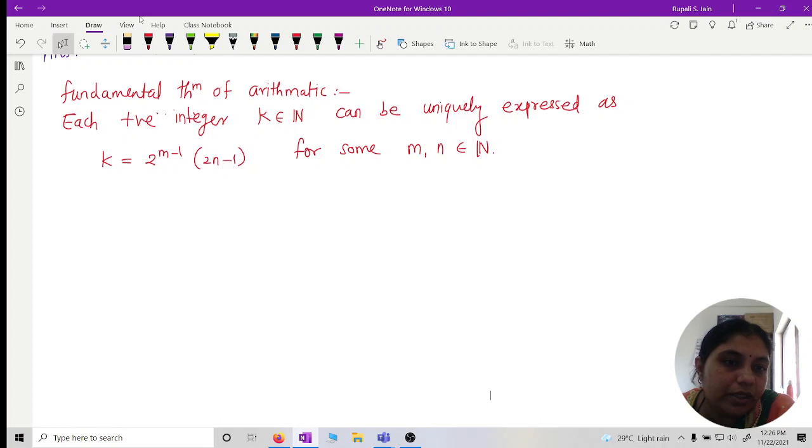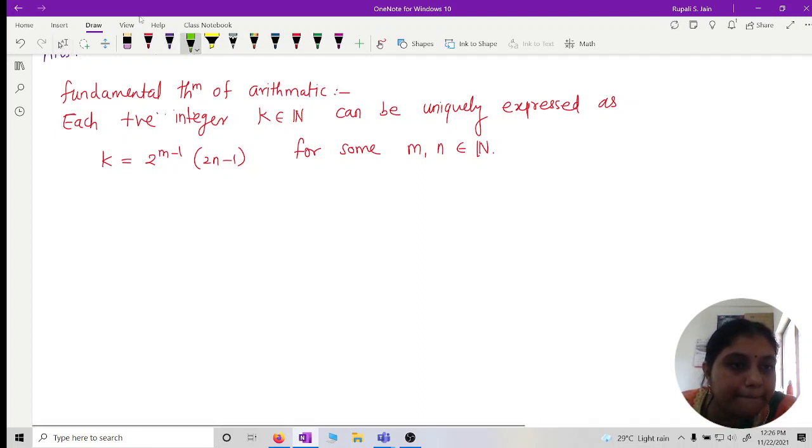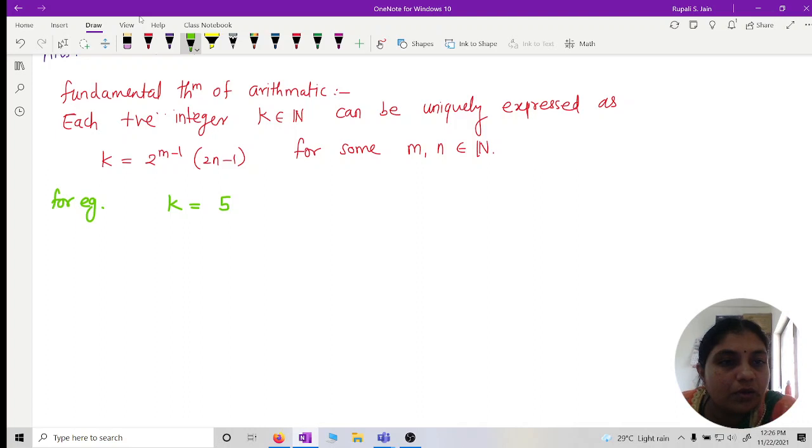So you take for example, if I take k is equal to 5 or 3, you get 5, k is equal to 3. Can you give me m and n which will serve the purpose?